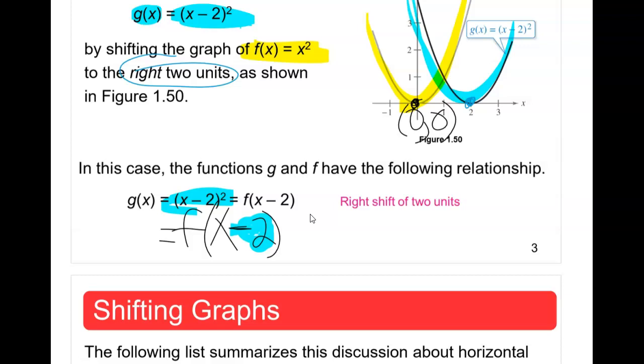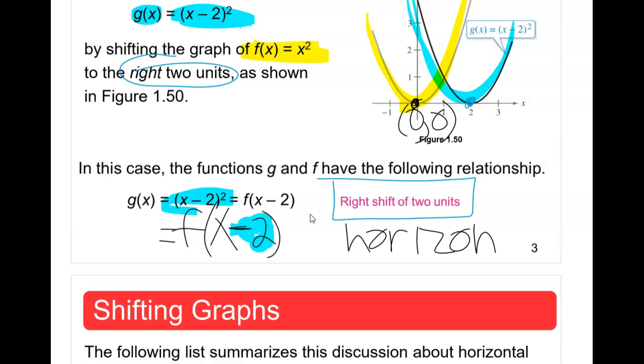So why does it move to the right if we have a minus 2? For all horizontal shifting, we are going to use the counterintuitive idea. If we see a negative, and this is only for horizontal shifting, only for horizontal, if we see a minus 2 in the equation like that, we will know that it's moving to the right. We're going to summarize this in a minute.